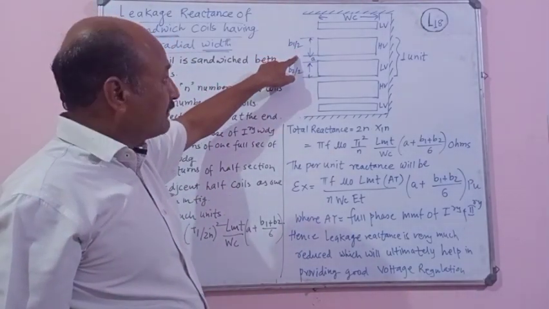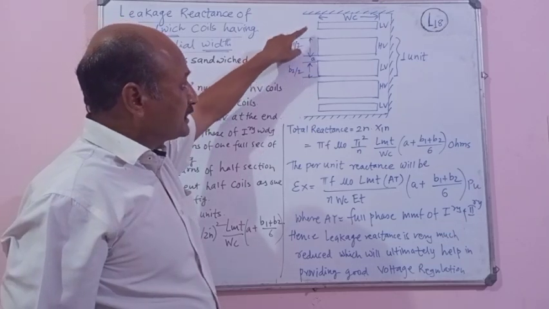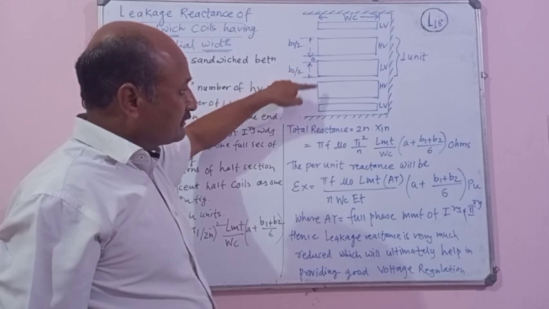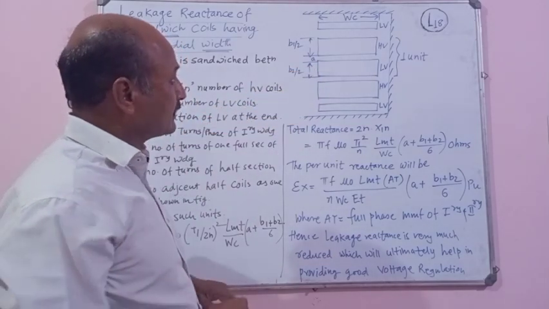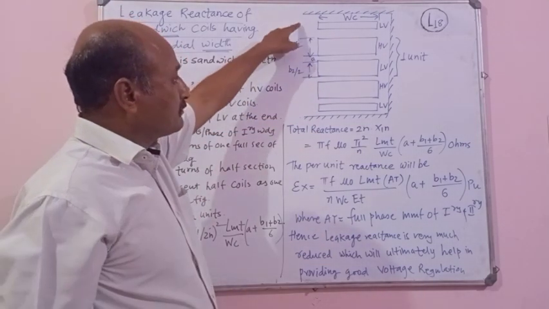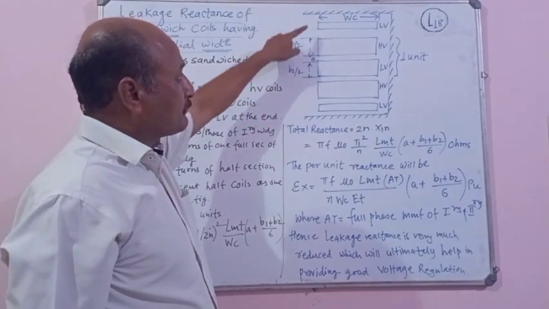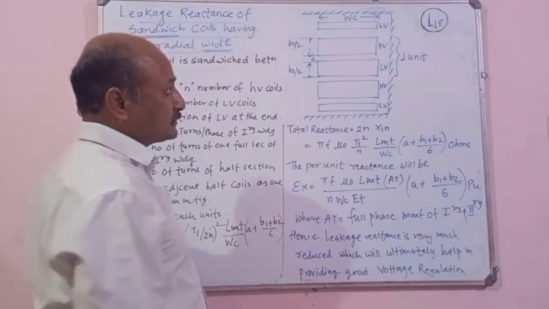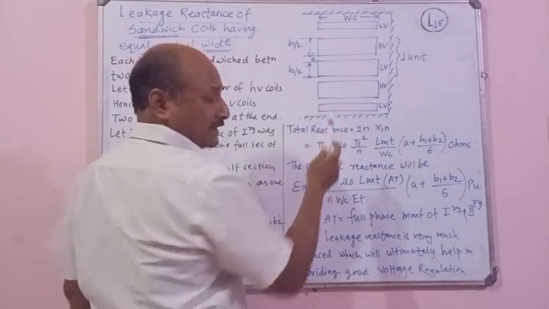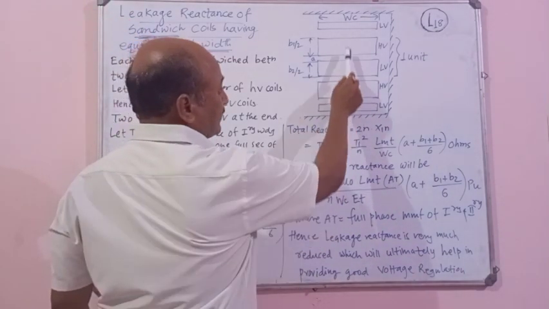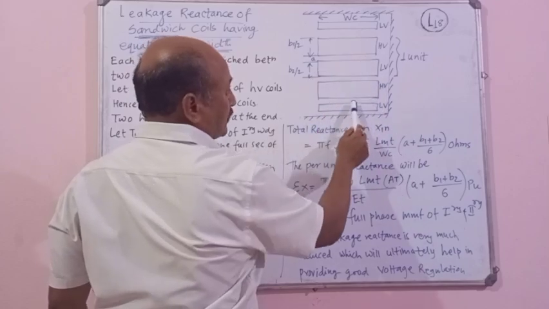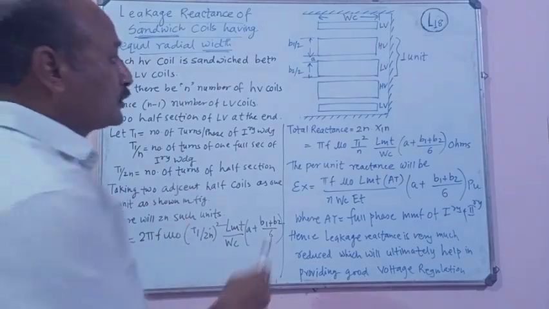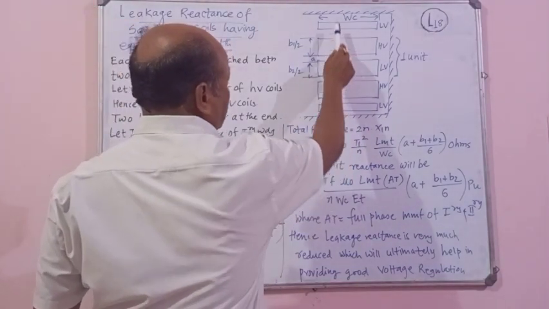Every HV winding is sandwiched between the two LV windings, then at the top and the bottom, half of the LV at the top and half of the LV at the bottom. How many HVs are there? There are 2 HVs. And how many LVs are there? 1, 2 and 3. Means the subdivision is odd.